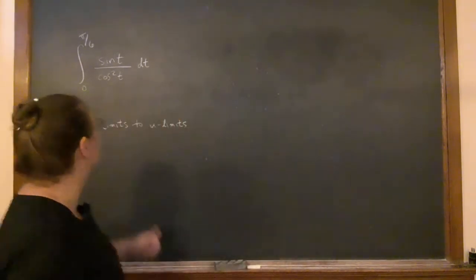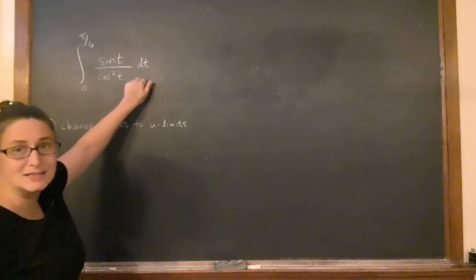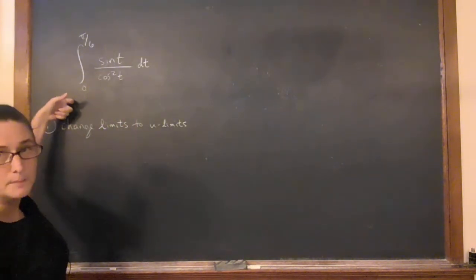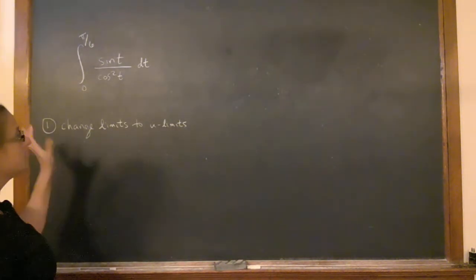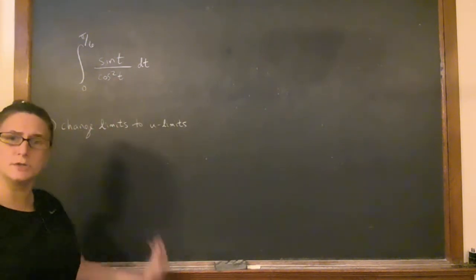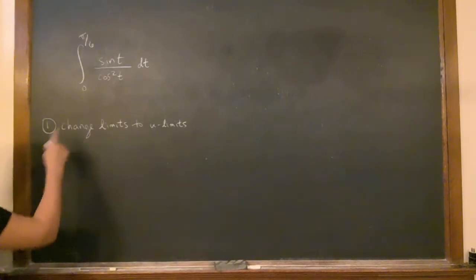These limits belong to the original variable, in this case t. If I change the variable, those aren't the right limits anymore. They have to change. So you can change them, and then you don't have to go back to t at the end. You can just use the new limits, the limits on the new variable. So I'll do it first that way.